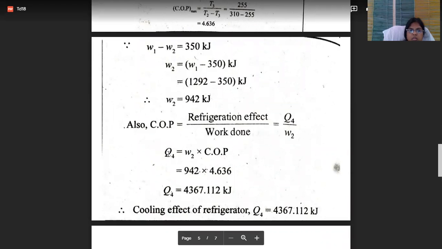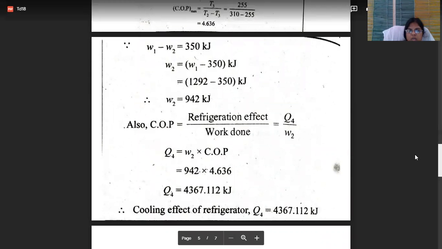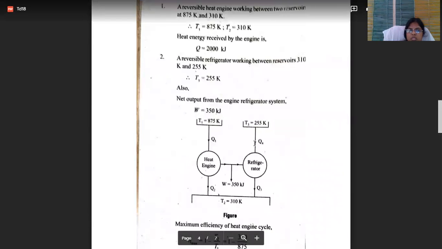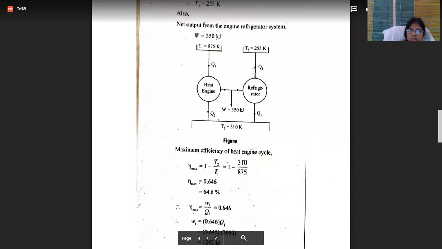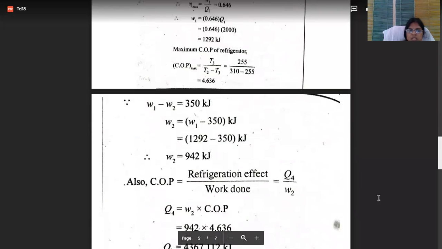So COP is equal to the refrigeration effect by work done. What is the refrigeration effect? In terms of Q it is Q4, maintaining the lower temperature. The desired effect, the heat supply Q4, is divided by the work done, W2.